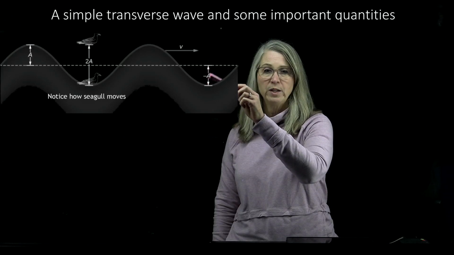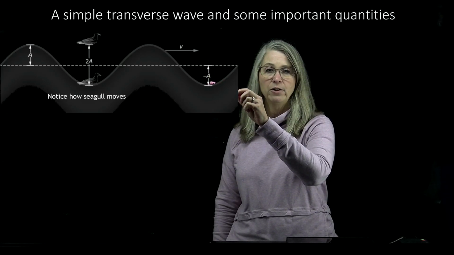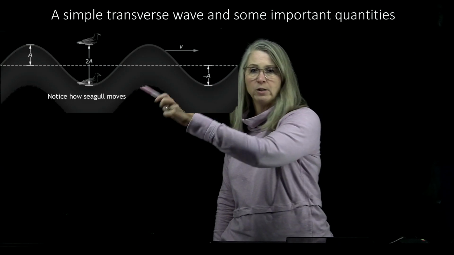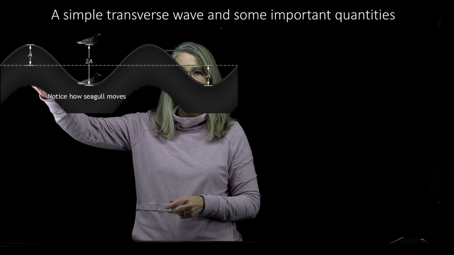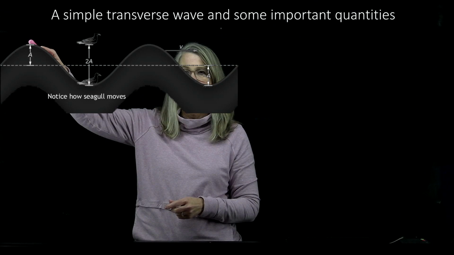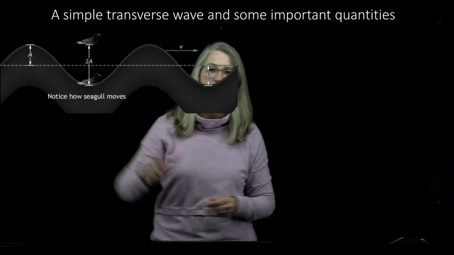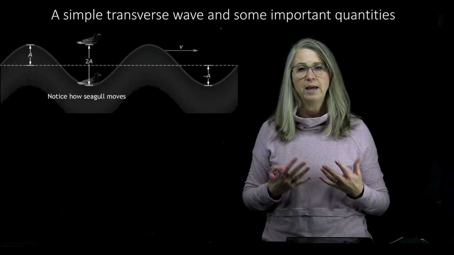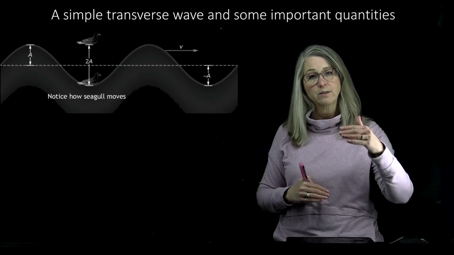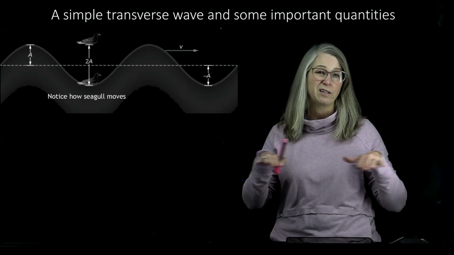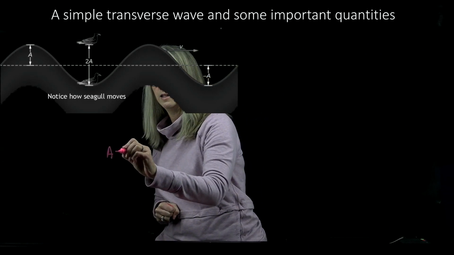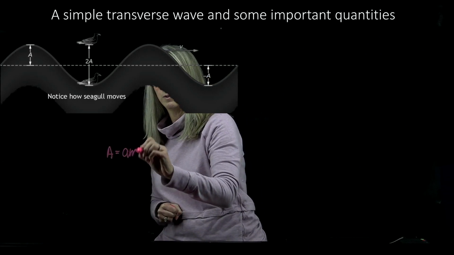Right here we see that the water has gone down a distance, marked minus A. And over on this side, the water level is up above that dotted line, a distance A. In both places, A represents the amplitude of the wave, which is its maximum distance from the equilibrium position. So we're going to write that down: A is equal to the amplitude.